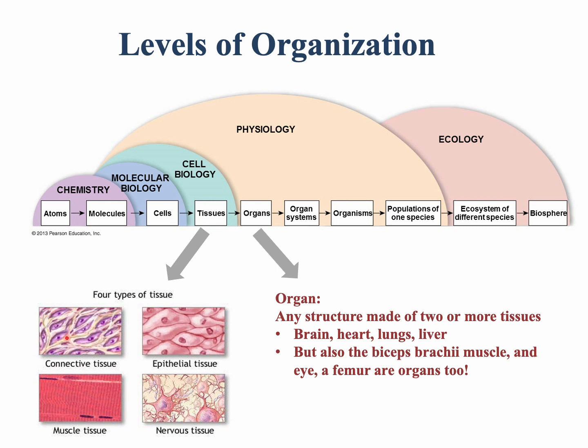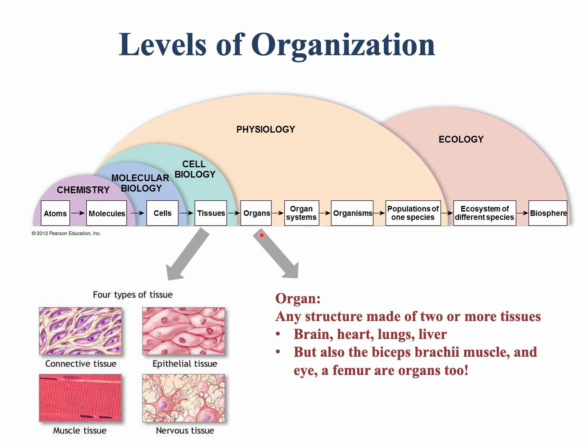Okay, the femur bone is an organ. Okay, the eye is an organ. Okay, the femur, the bone, on its own is an organ. And when we account for all the different bones and how they work together, they form the organ system, which is the skeletal system. The biceps brachii is an organ, and when it comes together, it forms the muscular system.